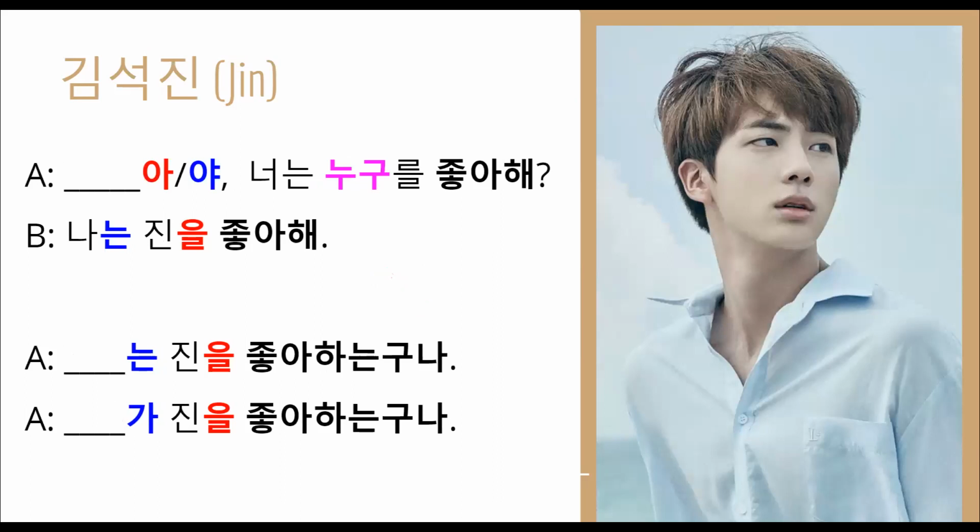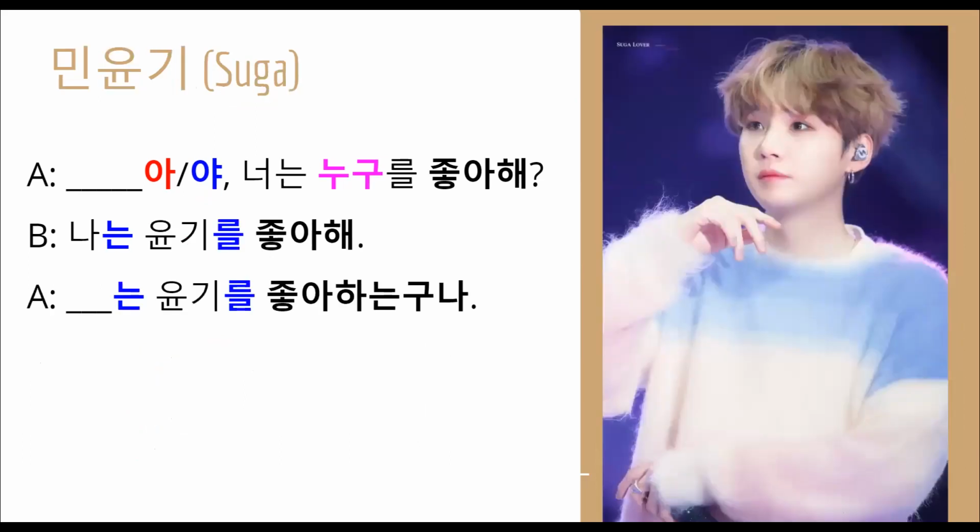영우야, 너는 누구를 좋아해? 나는 진을 좋아해. 영우는 진을 좋아하는구나. 영우가 진을 좋아하는구나. So here we used 영우. My name. Yes, and they all end in a vowel, so we use what's highlighted in blue. 영우야, 영우는, and 영우가. 지우야, 너는 누구를 좋아해? 나는 윤기를 좋아해. 지우는 윤기를 좋아하는구나.